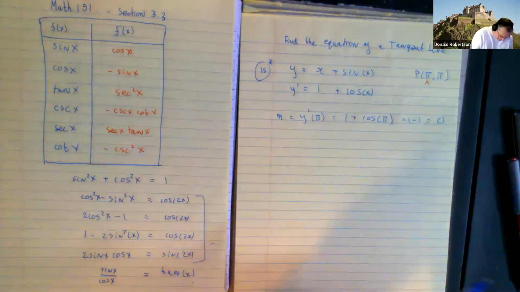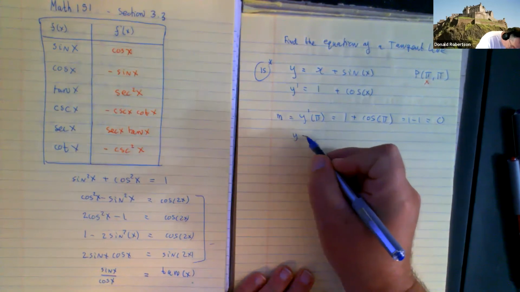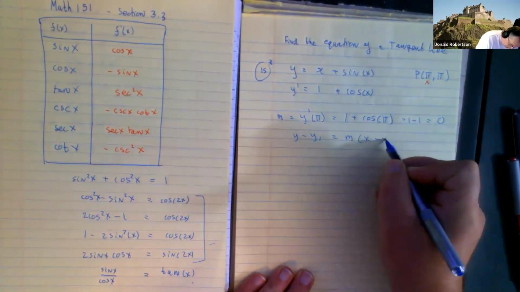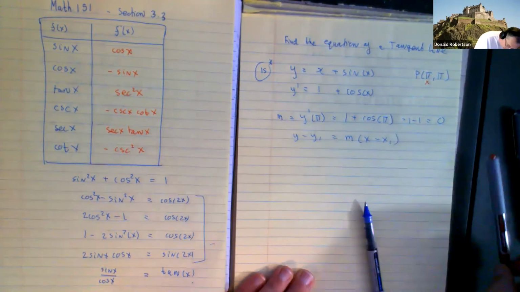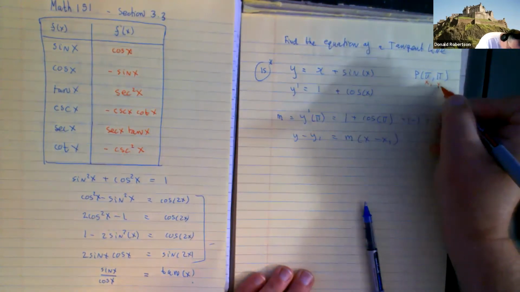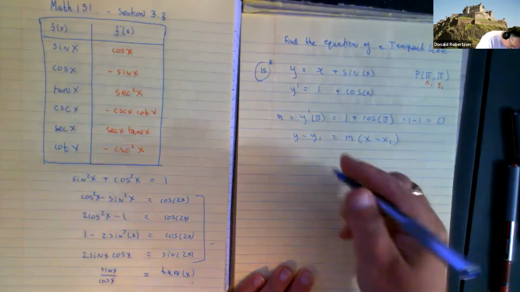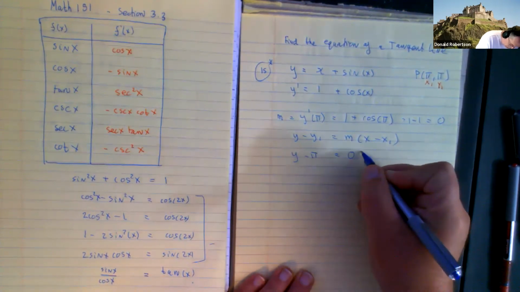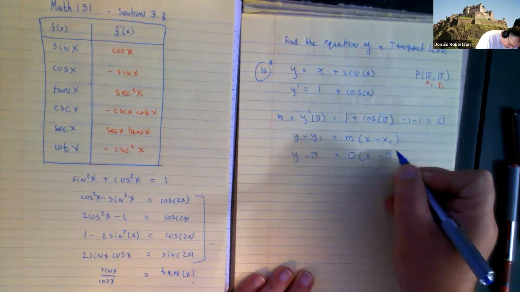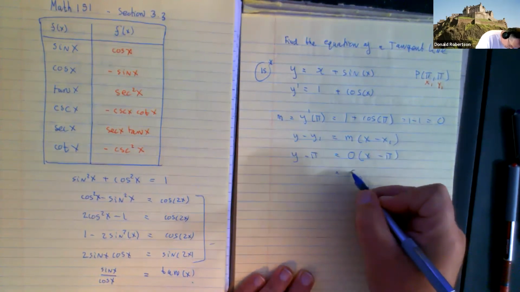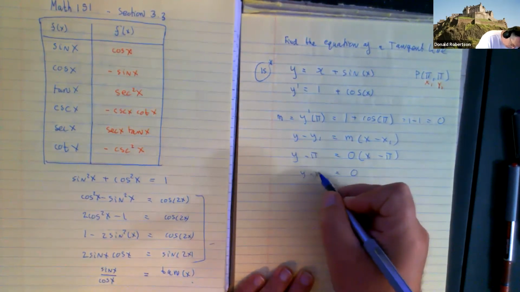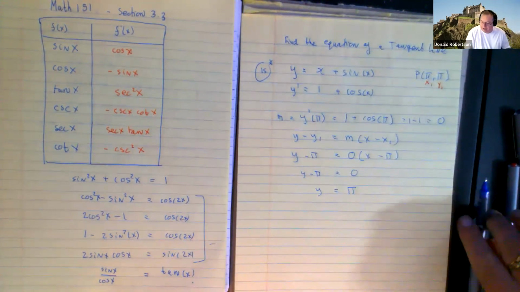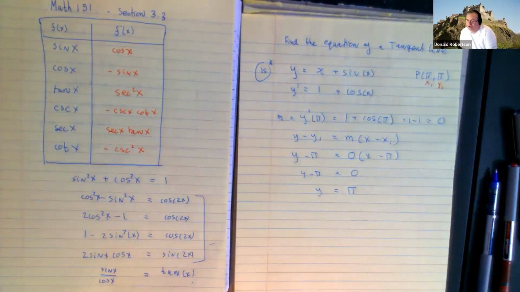But for completeness sake, y take away y1 is x take away x1. I'm going to call that x1. I'm going to call this guy y1. And so it's going to be y take away pi equals 0, x take away pi. Well, 0 times anything is just 0. Now, did you see that it is what I said it was going to be?